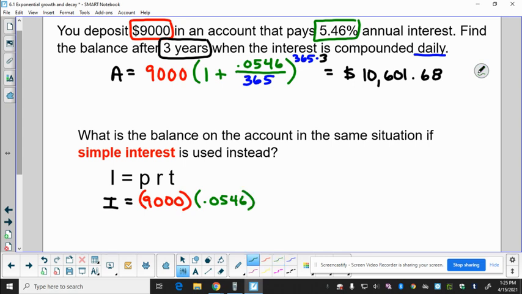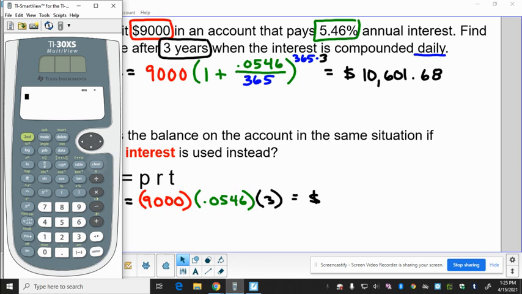Time is 3 years. Now, simple interest means that the interest is only applied one time. Let's see what the interest is in this case and compare it to the interest that we have up in the compounding interest formula. And we'll talk about that in just a second.